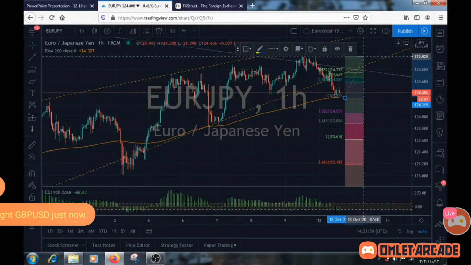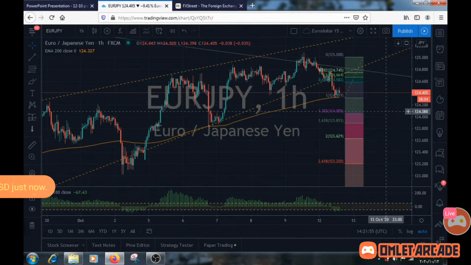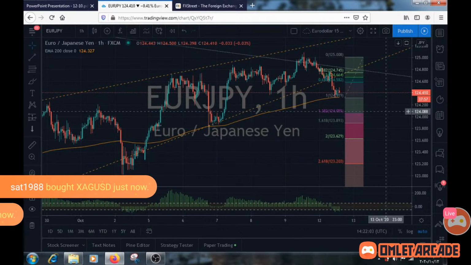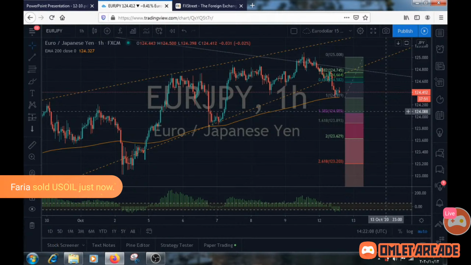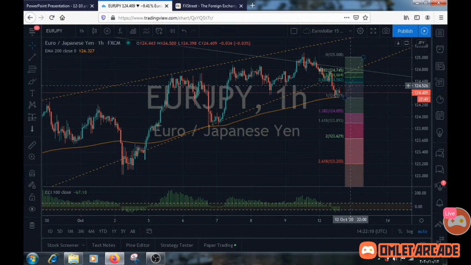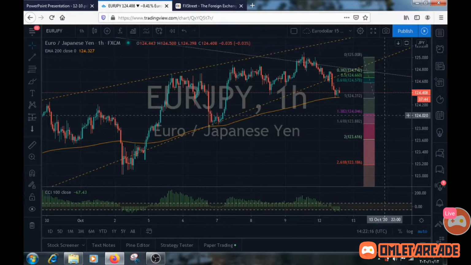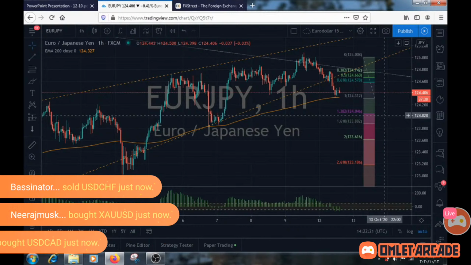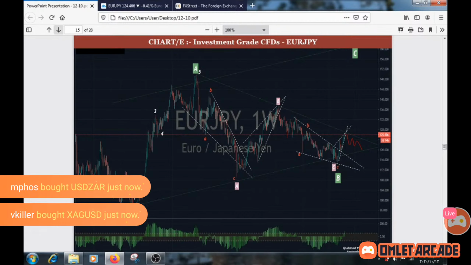Like I said, the BOJ decided that they're going to put some kind of negative rate on deficits of commercial banks at the central bank facility. So this is actually strengthening the yen. The dollar is falling against the yen, and the euro is falling against the yen. We all remember, of course, that we are forming a double top here.